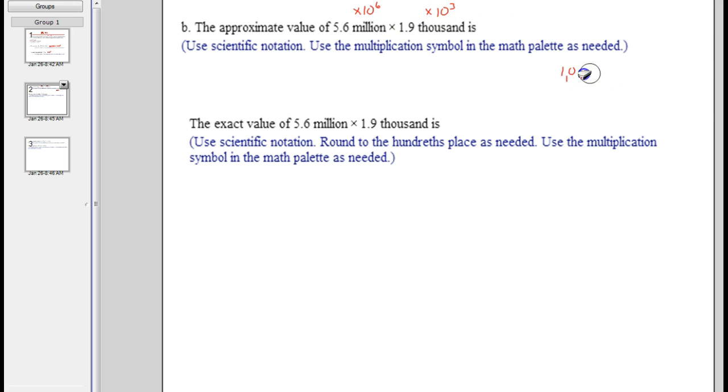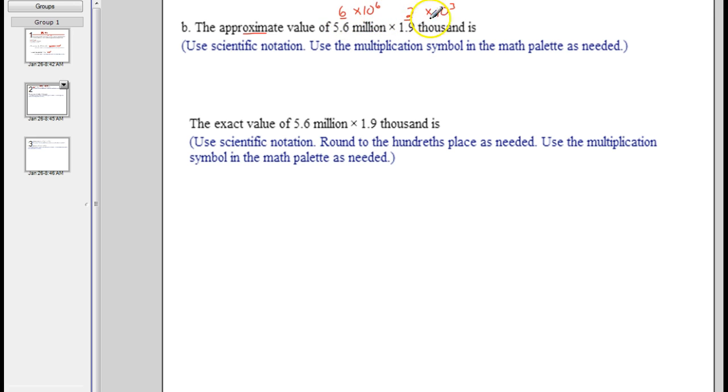Now, after we do that, for the approximate version of this multiplication, we're going to round these two numbers. 5.6 rounds to 6, 1.9 rounds to 2. Then we multiply this number times this number, and then we do the powers of 10, because of the ease with which we multiply powers of 10.